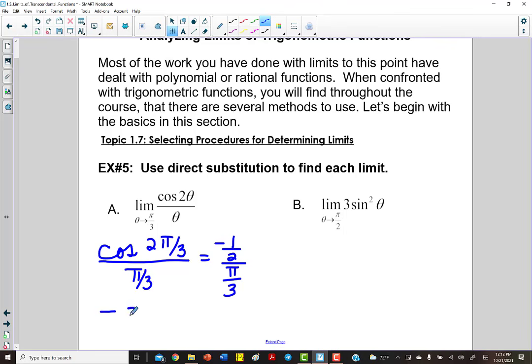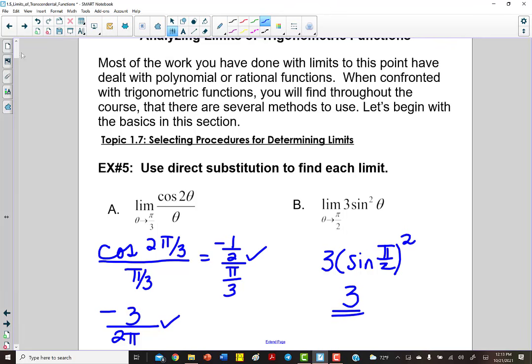But if you needed to simplify, we could simplify to negative 3 divided by 2 pi. So either this one or this one would be acceptable. And then at pi over 2, we know the sine at pi over 2 is 1, and we want to square that. So 3 times 1 squared is simply 3.